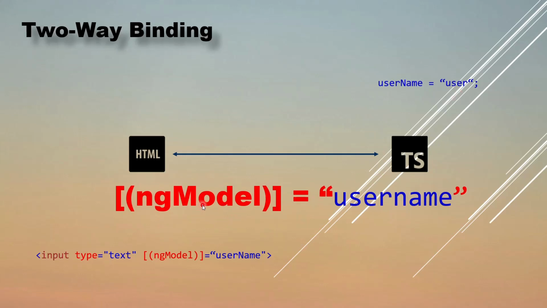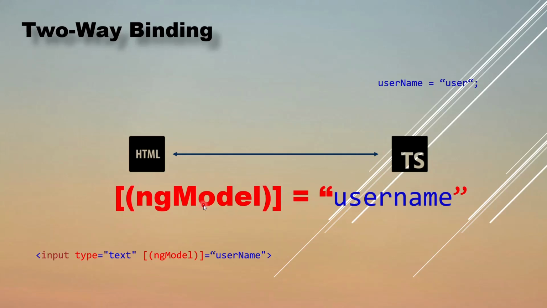In the previous one we need to use property or event, but now ngModel is constant here in two-way data binding. If the compiler checks this square bracket and normal bracket, then it will check ngModel.